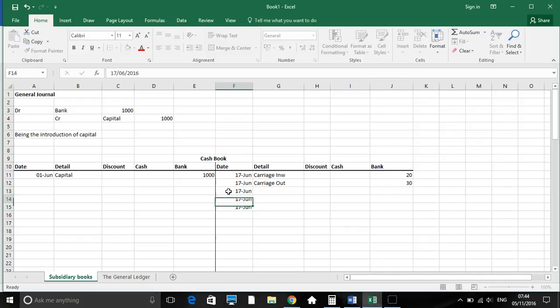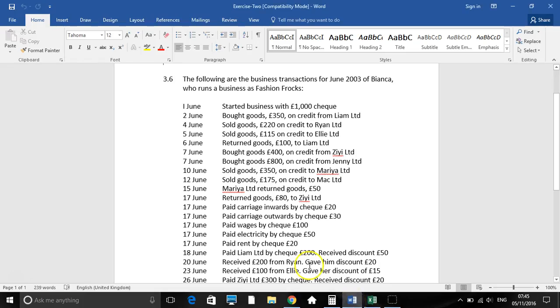So we did wages, electricity, and, sorry, not water, it was rent. Wages 100, electricity 50, and rent 20. It's not a lot of rent. Okay. So we have that in there. And let's see what's next.